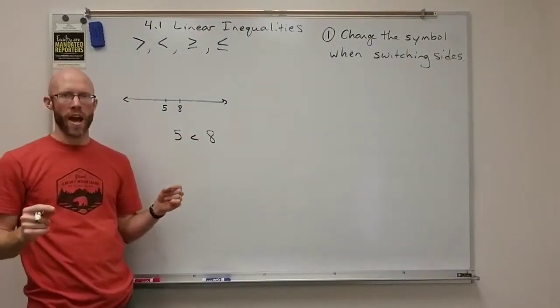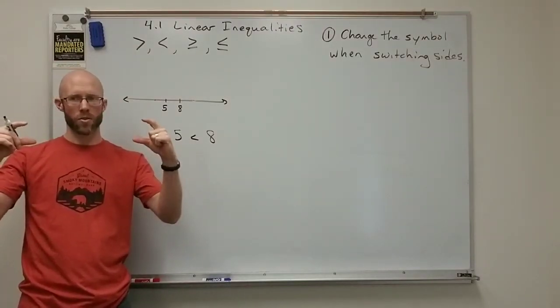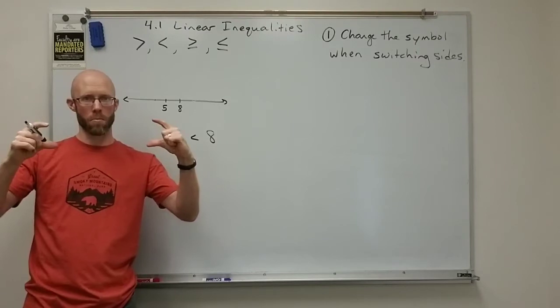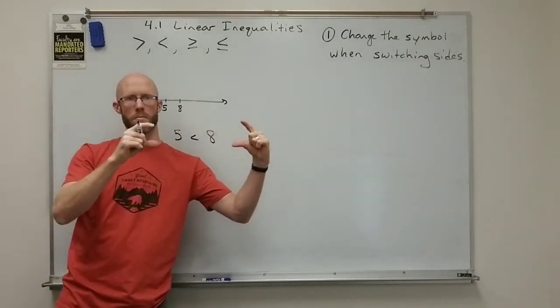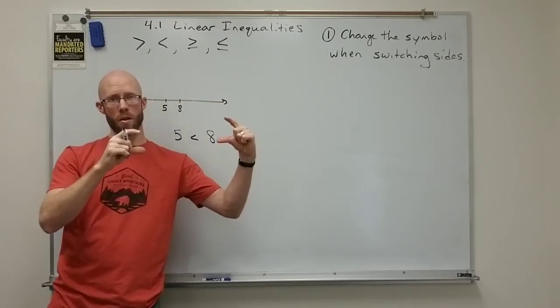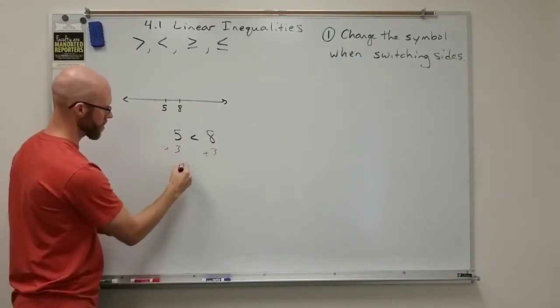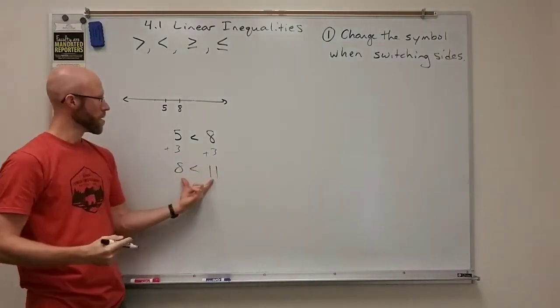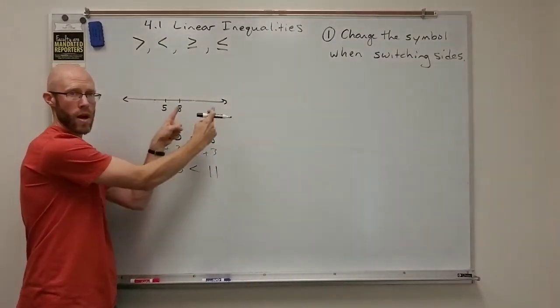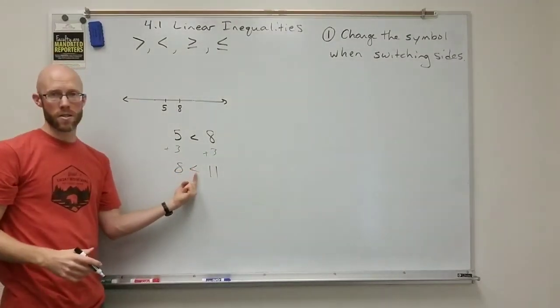If I were to add the same amount to both sides of that inequality, it's like adding the same amount to both of those numbers. It moves them down the number line, but it keeps them relatively the same, right? The same one is still smaller. So if I were to say add a 3 to both of these, I'd have 8 less than 11. I know that by shifting things around, it doesn't flip their order, so my inequality stays the same.